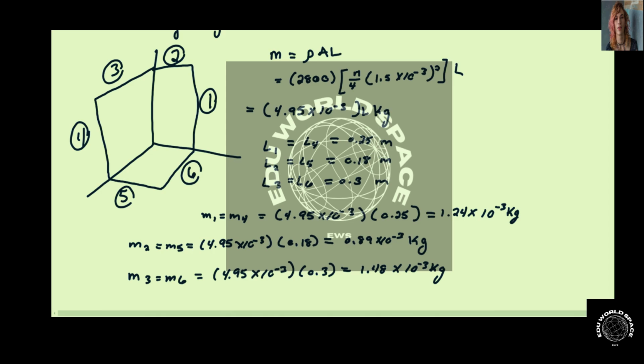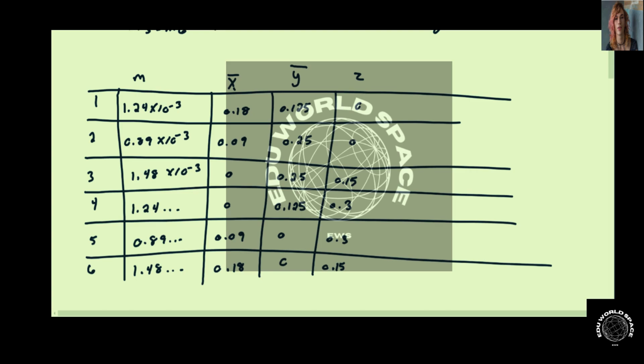And I apparently forgot to write x, z, y. There we go. So you can clearly see side 1 isn't touching z, so you don't have to worry about that.